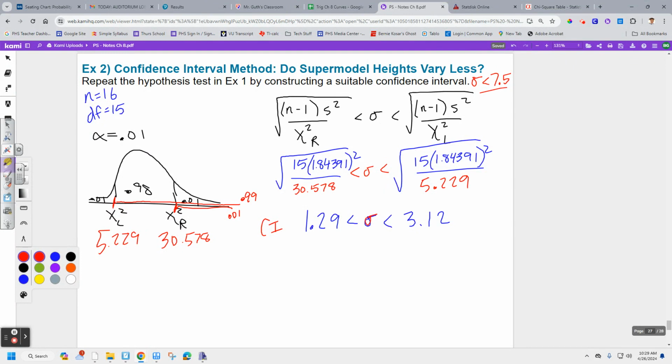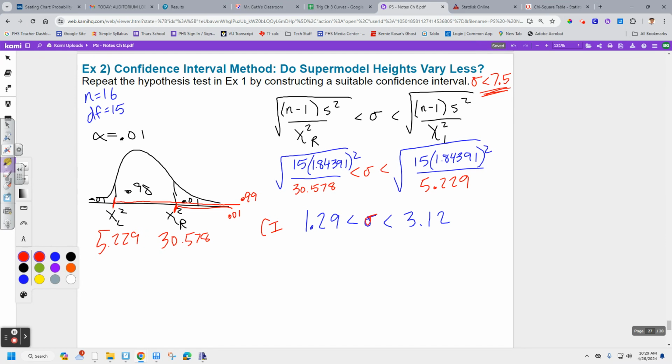So if this is telling me that we are, what are we, 98% confident? We're confident that the value is in between 1 and 3. So yeah, we're feeling pretty good about being less than 7.5.